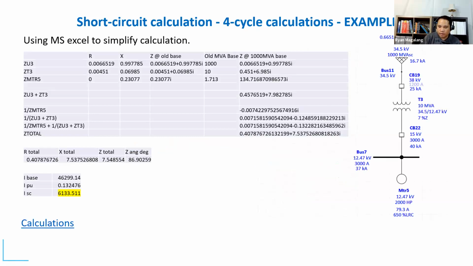Now let's do a 4-cycle calculation. 1.5 to 4 cycle. So this is the interrupting region.